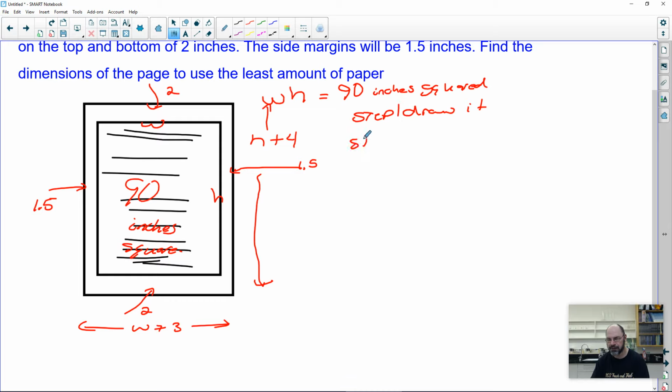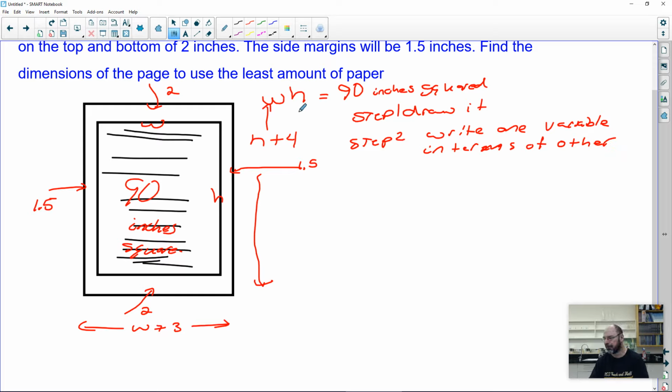Step two, write one variable in terms of the other. Okay, so it's no perimeter this time, so it's an area.